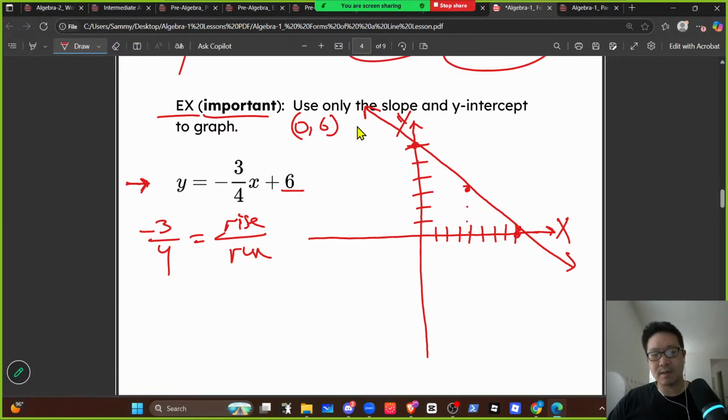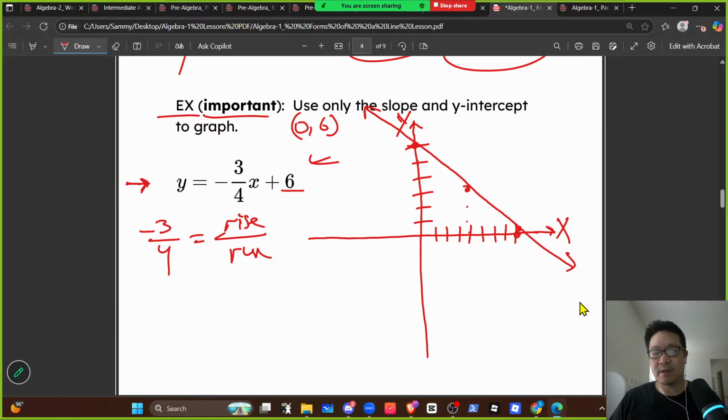And does this line make sense to you when you're looking at this equation? Yeah. Why does it make sense to you? You can clearly see the y-intercept and the slope. And is the slope positive or negative? Negative. The slope is negative, and is the line going down or up? Down. Yeah.